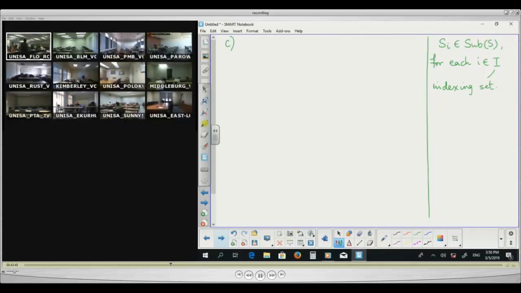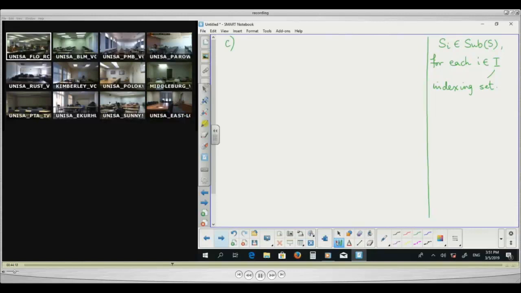Okay? Clear? Got the idea from those examples? You can also say that if every member in I is a subset, all the properties are satisfied, like the zero vector, the addition, and the scalar multiplication. For S_i, not for I. Not for small i or capital I, because capital I is just a set.